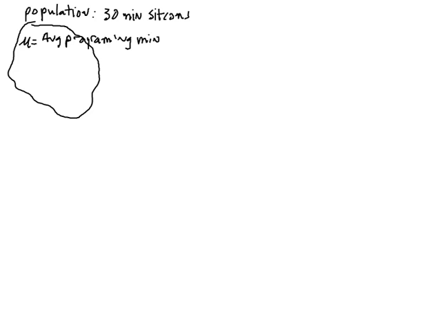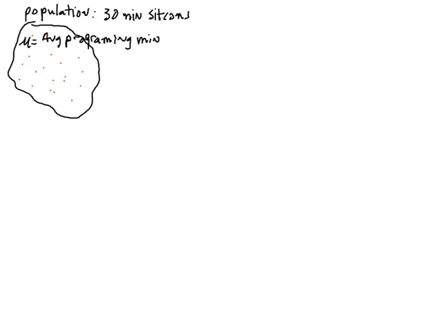For 30-minute programs, the average number of programming minutes. Now, to do that, I'm going to take a sample of size, in this case, 20. So 1, 2, 3, and I'm taking a random sample of size 20 from this population.